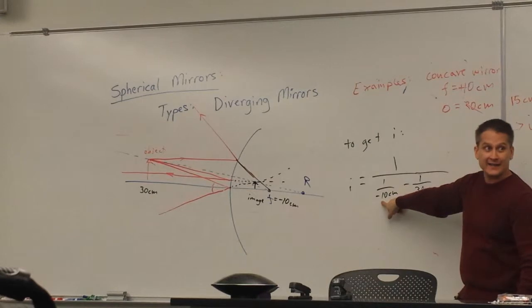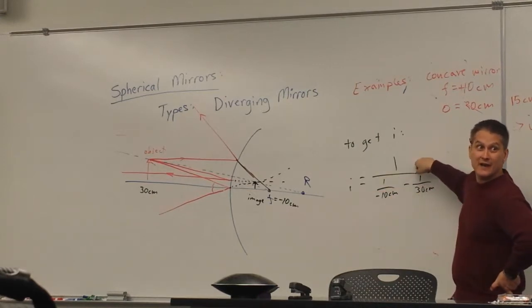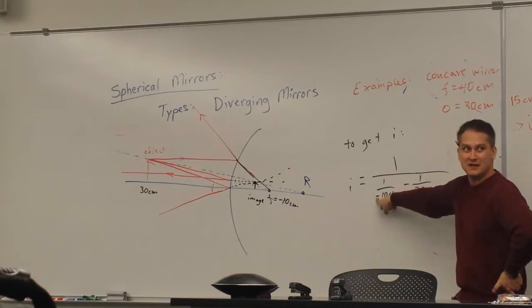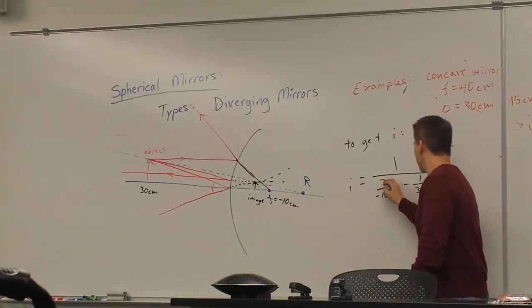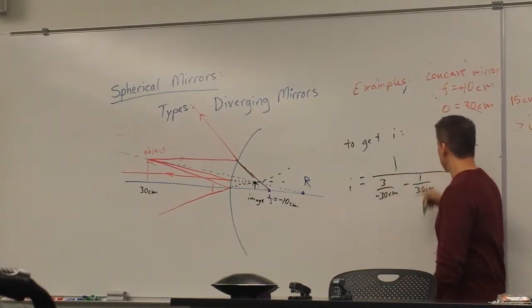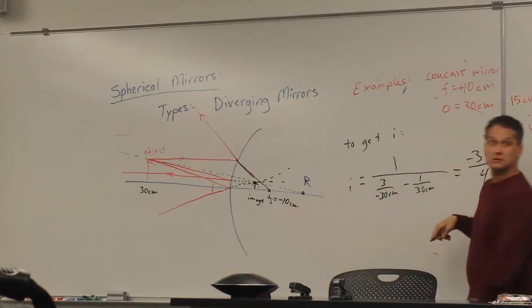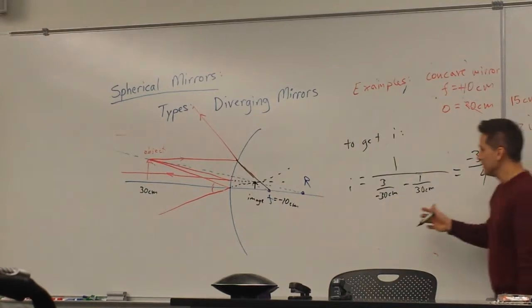Because these are additive, you're going to get a larger number here, therefore a smaller number for I. Because you're not taking a difference, because of this minus and minus 1. So that would be 3 30s. This would be negative 30 over 4. Negative 7.5.